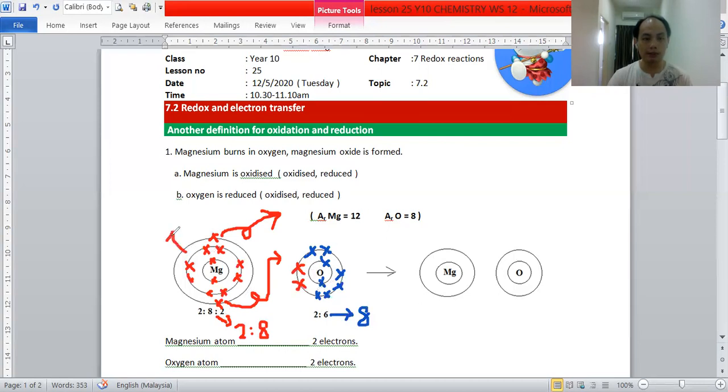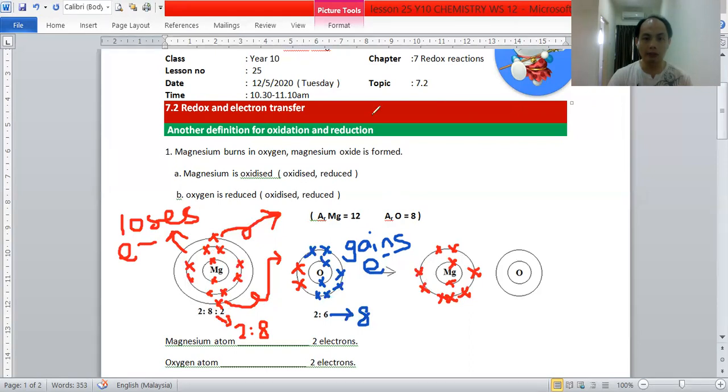So magnesium loses electrons, and oxygen gains electrons. What happens at the end is magnesium becomes 2, 8, and oxygen becomes 2, 8, receiving 2 electrons from magnesium.